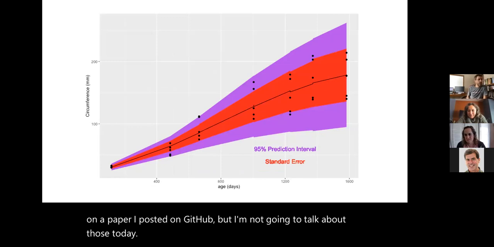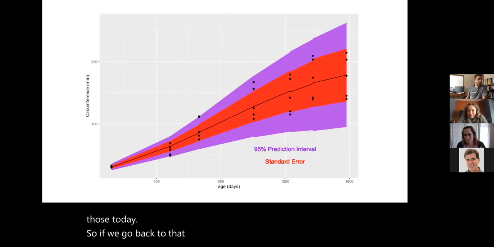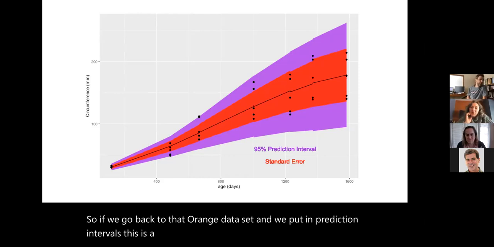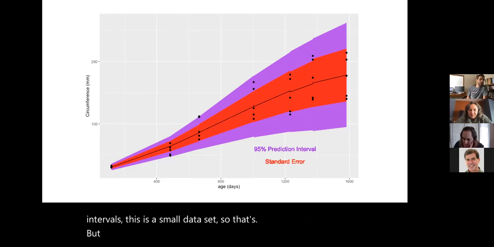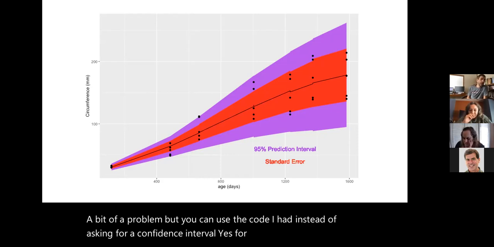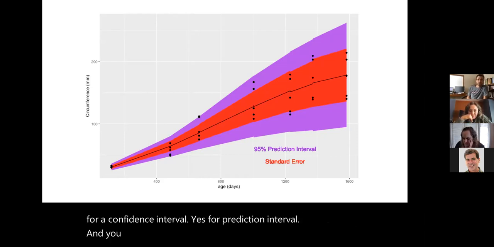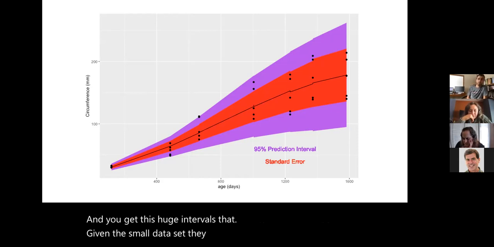If we go back to that orange data set and put in prediction intervals, this is a small data set, so that's a bit of a problem, but you can use the code I had. Instead of asking for a confidence interval, you ask for a prediction interval, and you get these huge intervals that, given the small data set, look like they're too wide, but that often happens with prediction intervals.